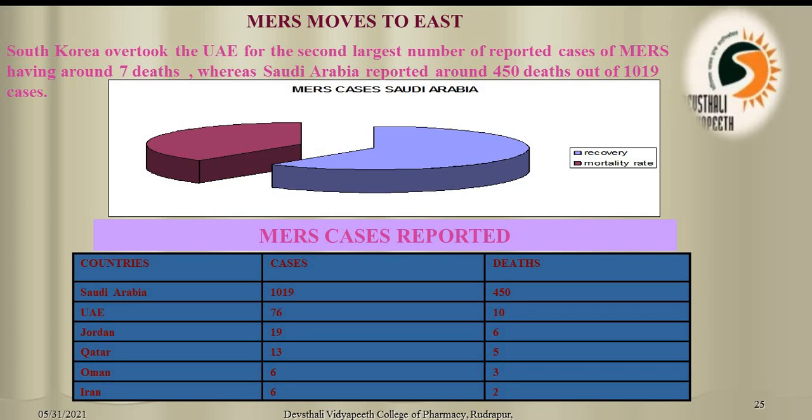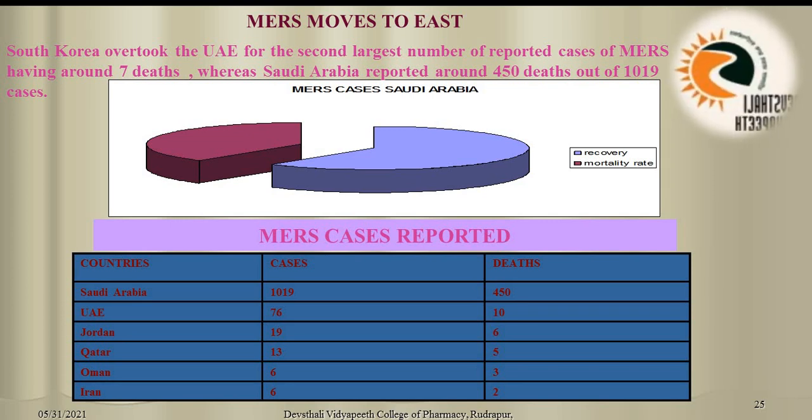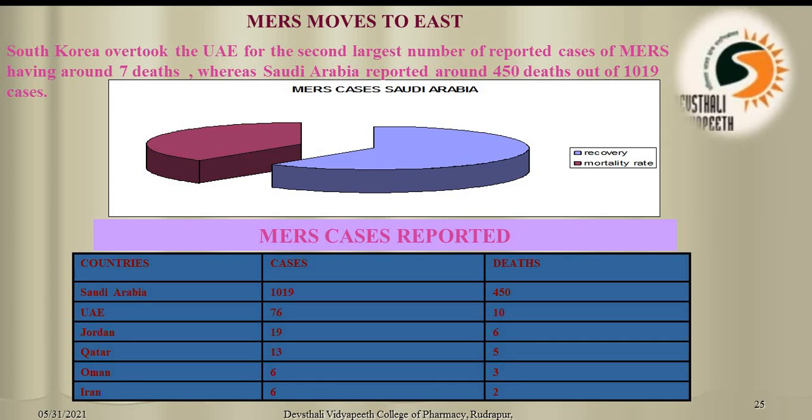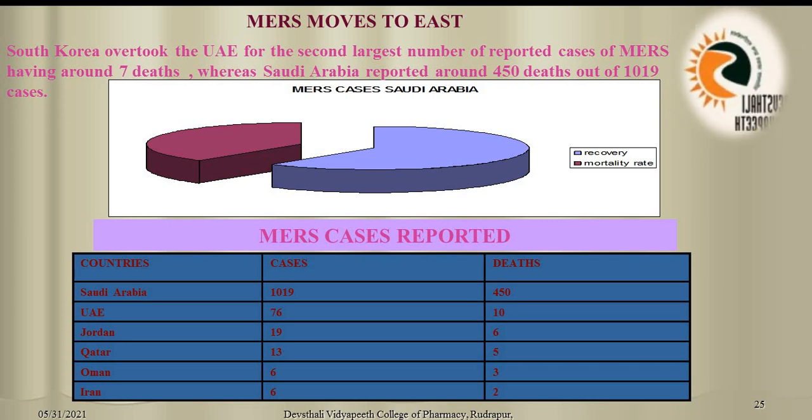You can see the data of countries with their cases and number of deaths. Among the leading countries, South Korea overtook UAE and became second in the number of reported cases, with around 7 deaths.